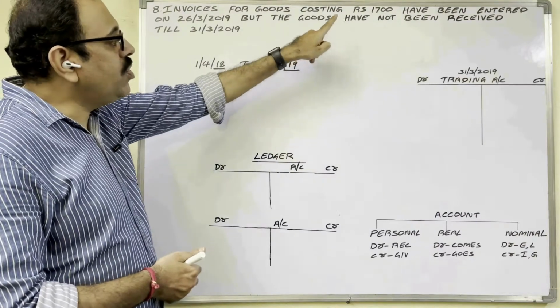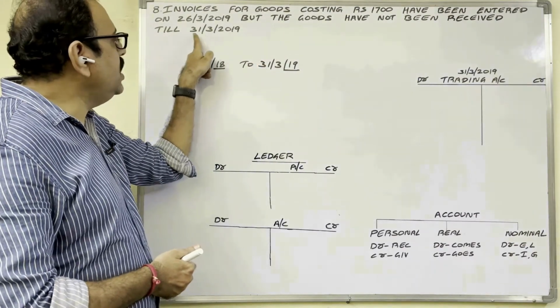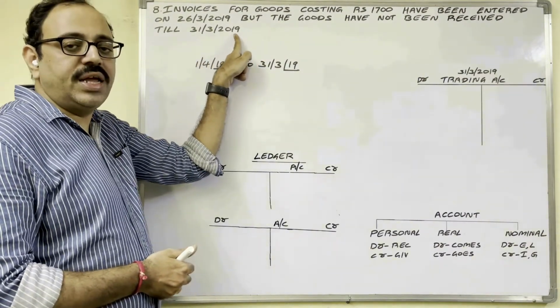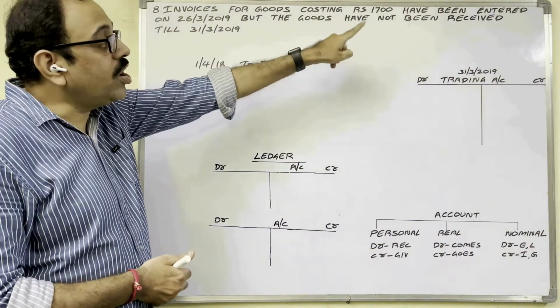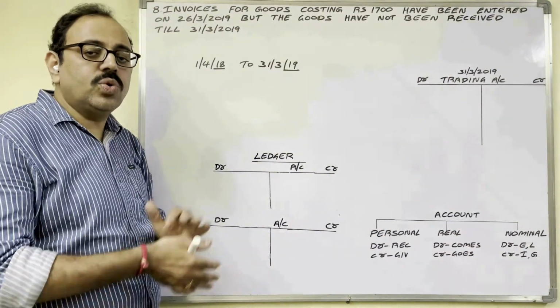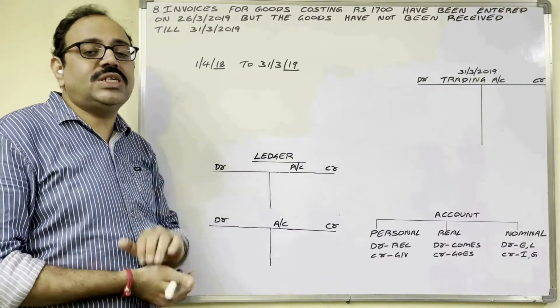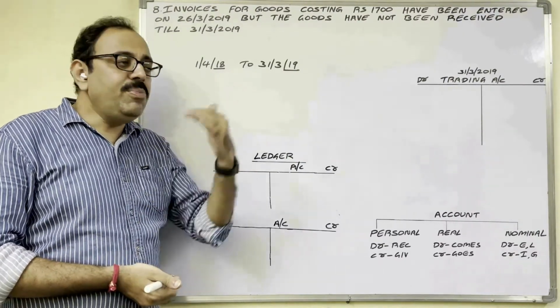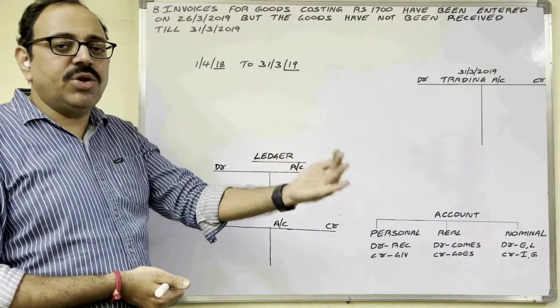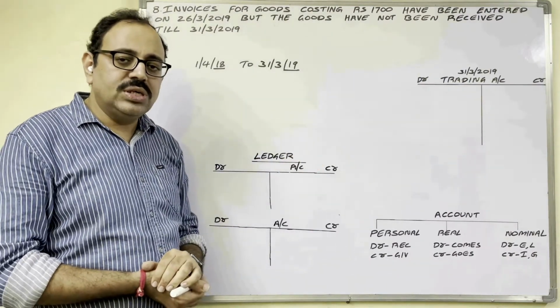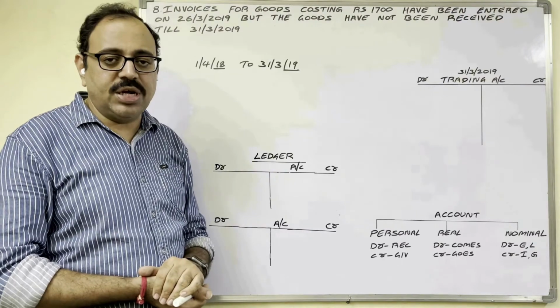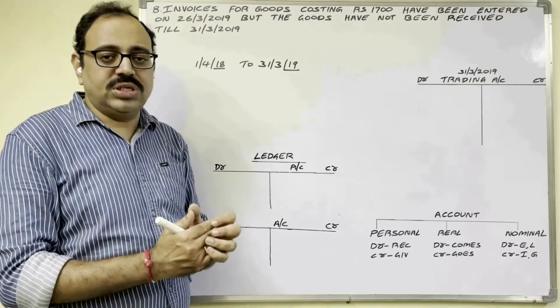But see the continuation. But the goods have not been received till 31st March 2019. Goods have not been received. So goods should be received by the firm. Means it is purchase transaction. If we buy the goods from supplier, then only we are supposed to receive these goods. If we sell the goods to customer, we give the goods.